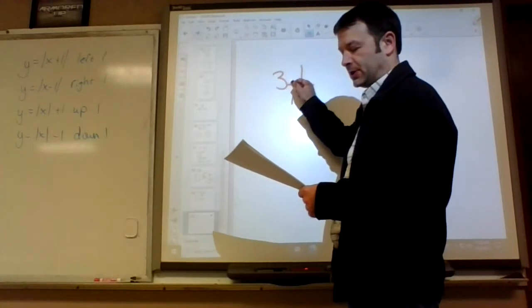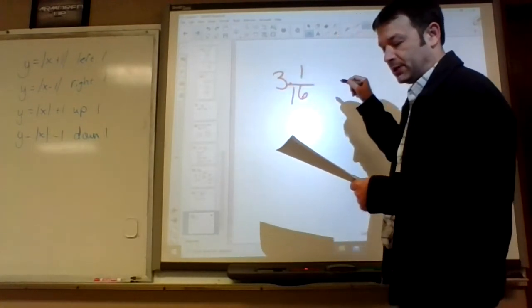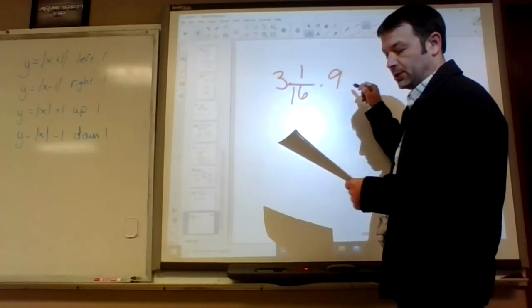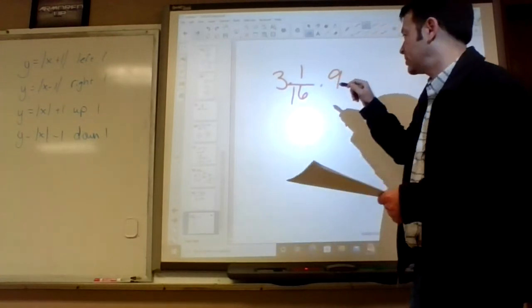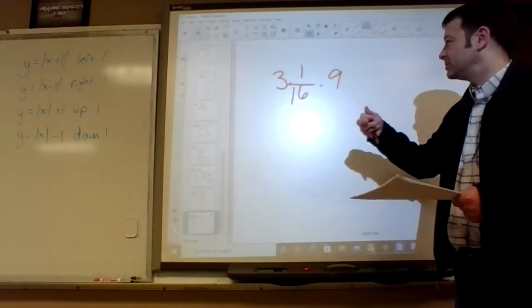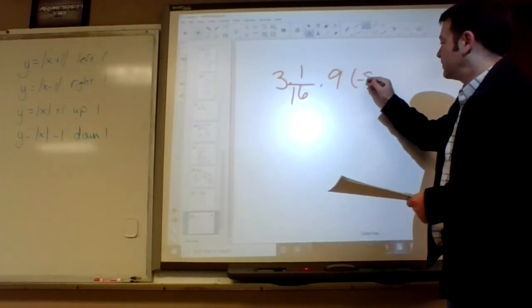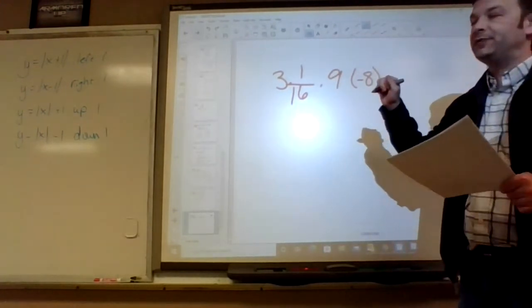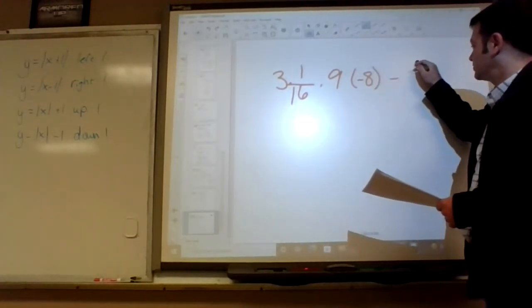So number 16 is 3 times 1/16, b squared is 9, whoops, times 9, c cubed, what's negative 2 to the third? Negative 2 times negative 2 times negative 2, negative 8. C to the negative 1, what's negative 2 to the negative 1?